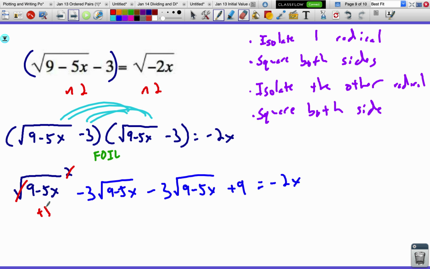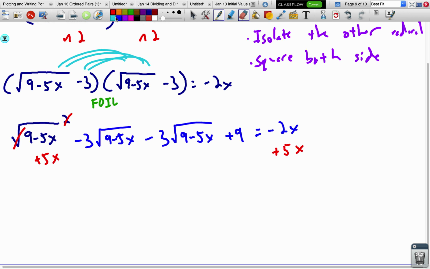Let's see, I can add 5x to both sides here. And then combine some other terms. This 9 and this 9 can become an 18. These have the matching radicals, so I can just combine their coefficients, get a negative 6 root 9 minus 5x equals, and then on this side I added that 5x, this becomes a 3x.